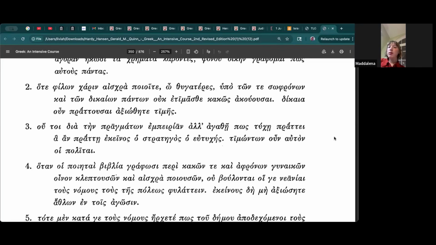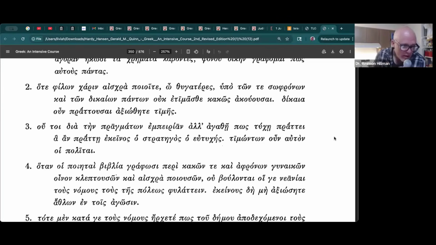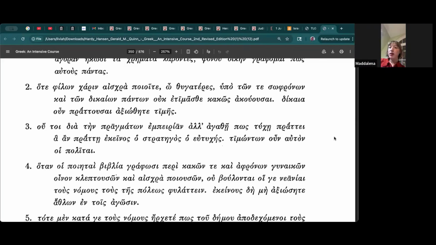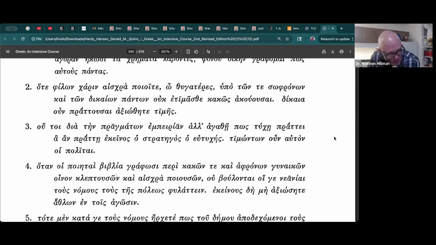In the clause, you mean, or in the whole sentence? Yeah, so the hote at the front indicates we've got some kind of temporal clause. So the temporal clause is itself hote philon haren aischra poi oite. Right?